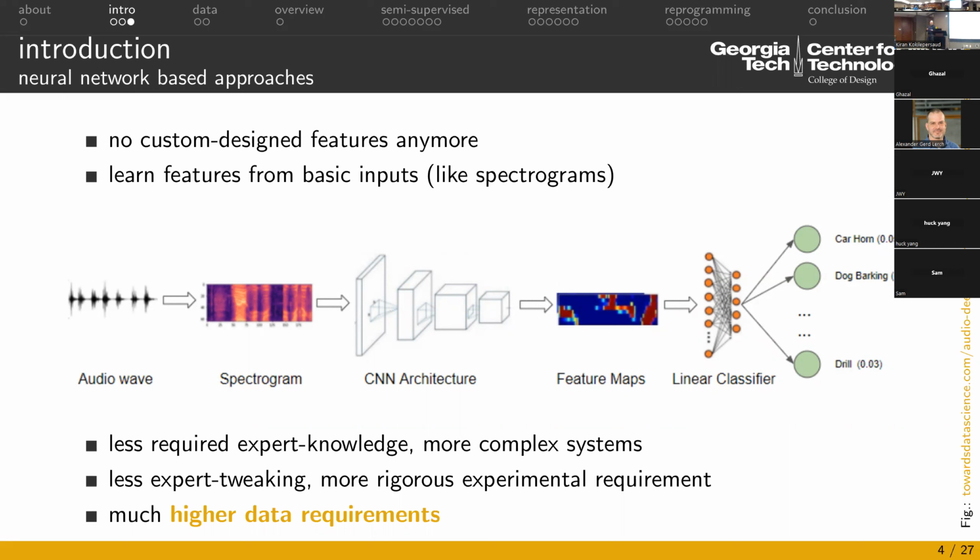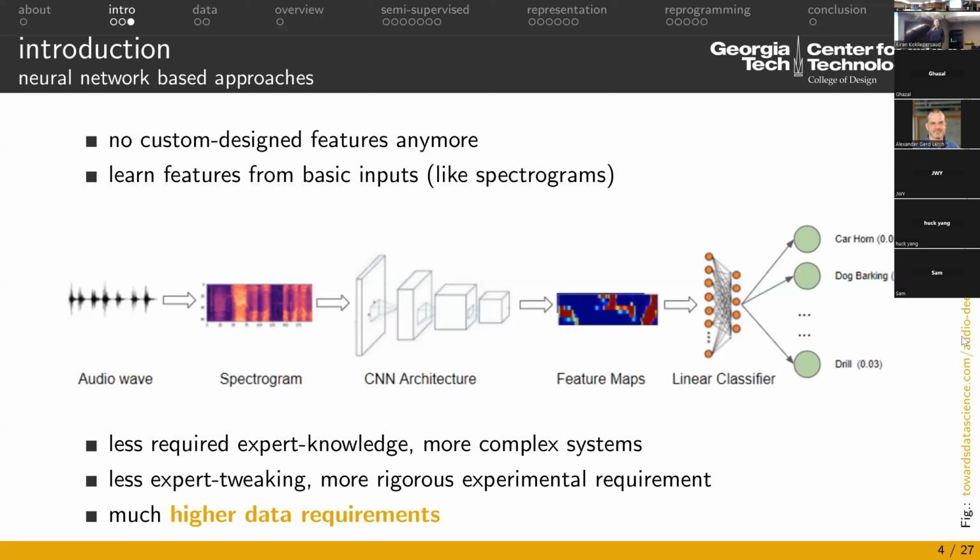So the point when we do this is that we require much less expert knowledge on the music part, like designing features and so on. That is basically taken over by the machine learning part. But the systems themselves become way more complex, right? It's less controllable, less interpretable, and there's less expert tweaking.